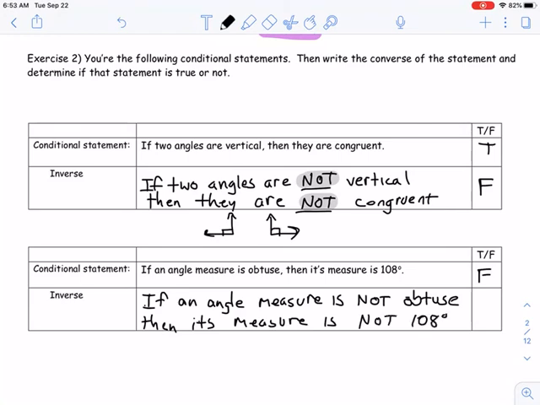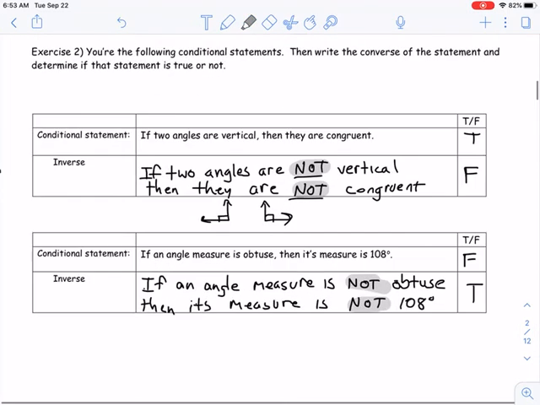Alright, and this is actually true. Alright, why? If it's not obtuse, that means it's 90 degrees, or maybe an acute angle. So whatever that may be, it cannot be 108 degrees.